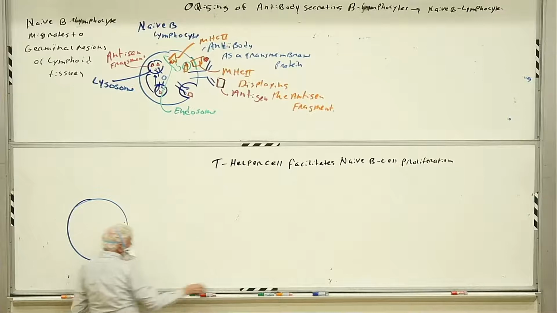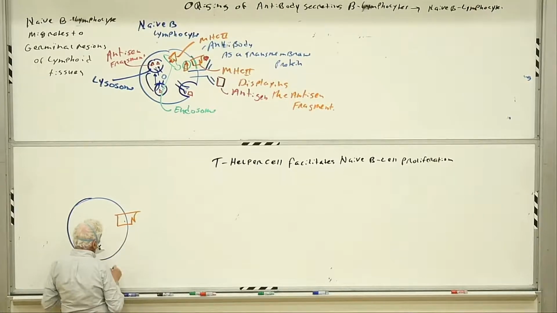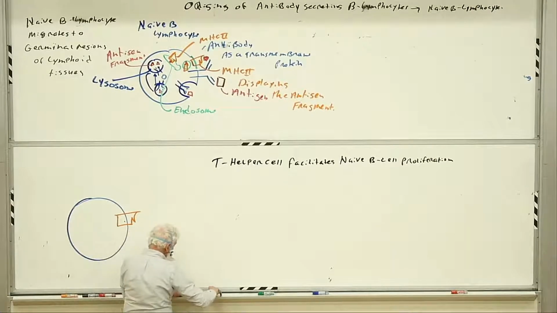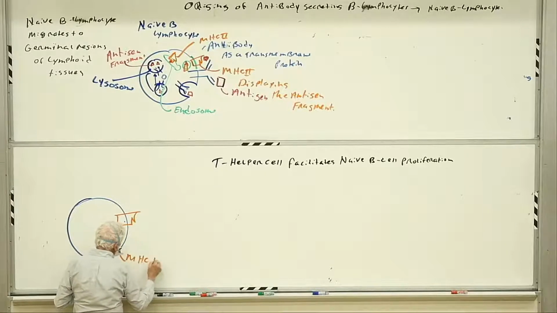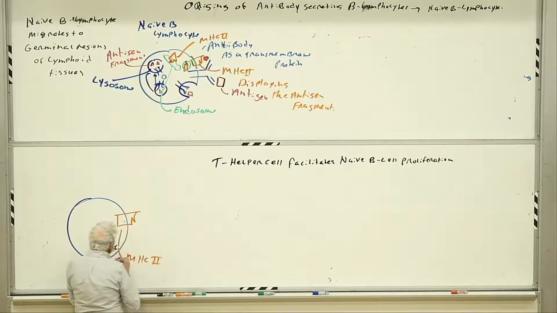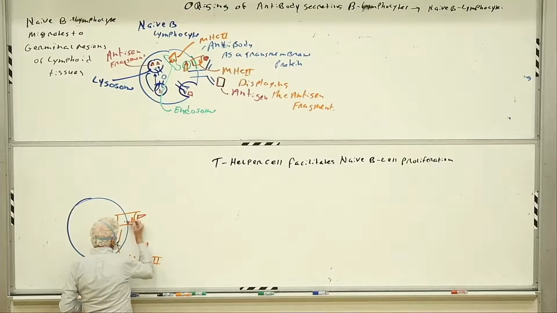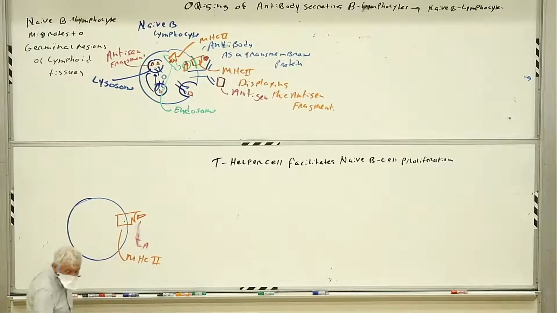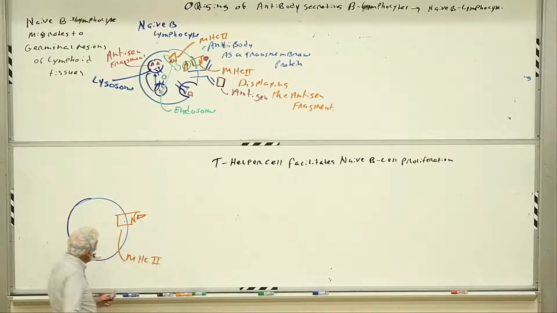And out on its surface, it has this MHC2 protein, labeled as MHC2. It's a professional antigen presenting cell. On the surface now is this antigen fragment. So this is going to be the antigen fragment.